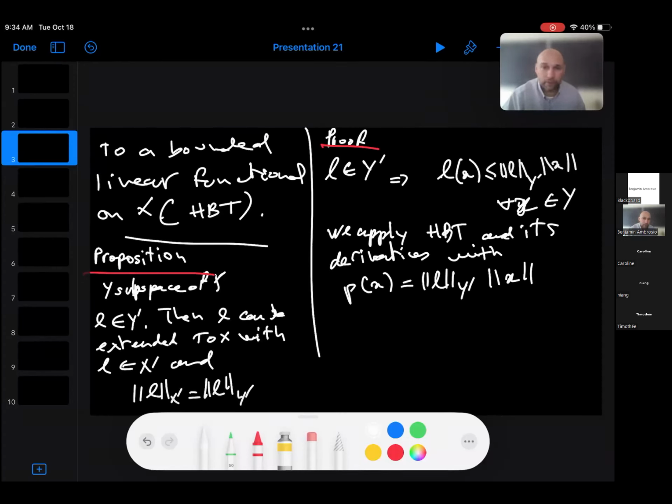What the Banach theorem tells is that p can be extended to the whole X. So L can be extended to the whole set X with L of x less than the same constant, that's important.